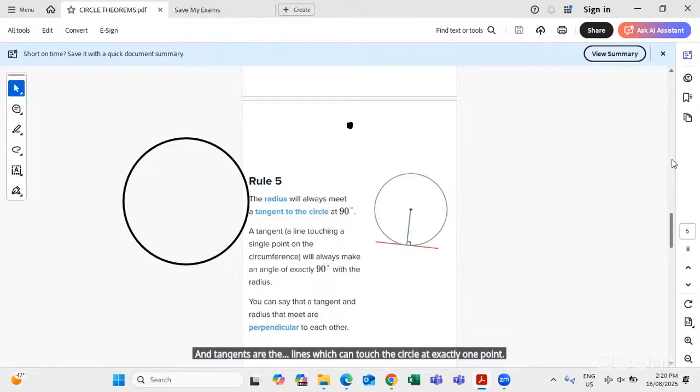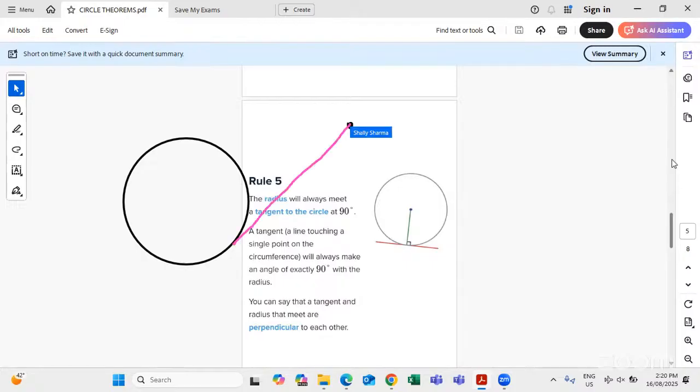So I try to draw the tangents now. One is this. I use a straight line here. So this is more appropriate. And then I can draw one more here. After that, I cannot draw any other tangent.